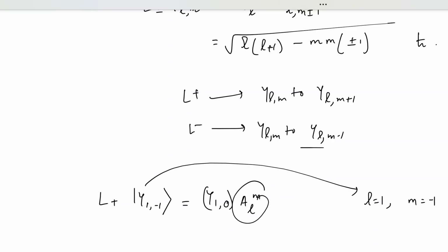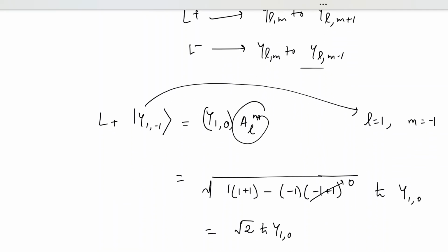So this is root over 1 into 1 plus 1 minus (-1) into (-1 plus 1). So this part is already 0, h cut Y10. So you have only root over of 2 h cut Y10.